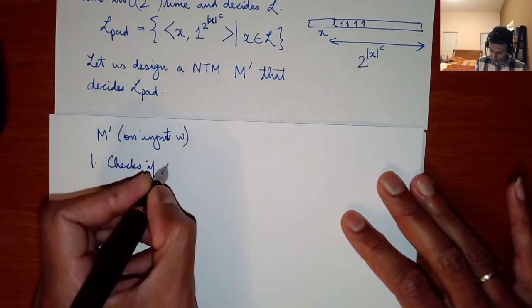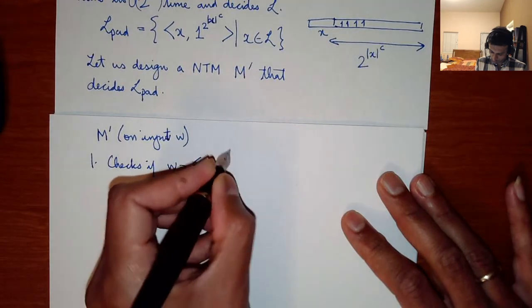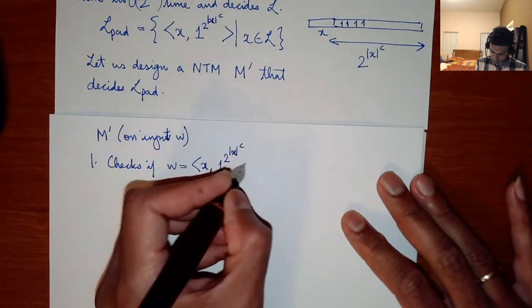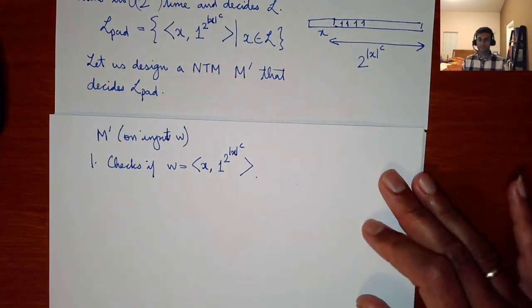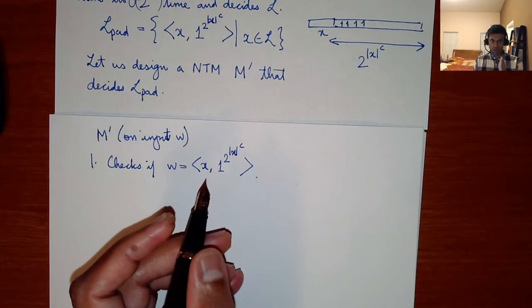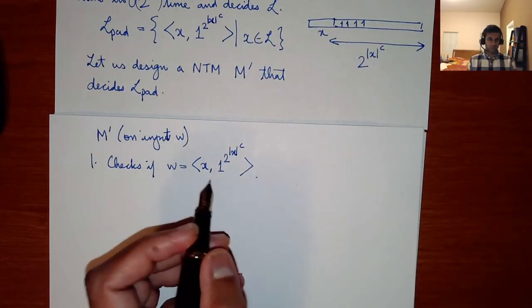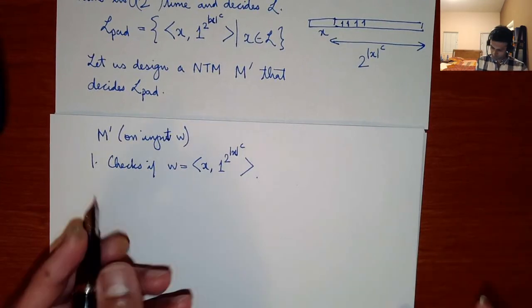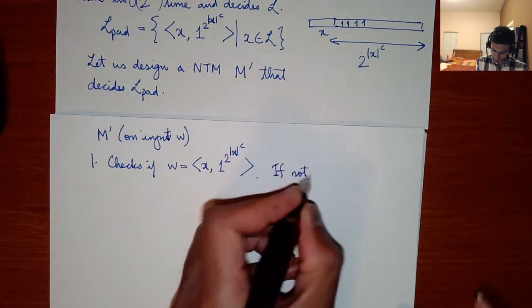It checks if W is an encoding of some string and 1 to the 2 to the X to the C. So it just has to check whether it's some string, and then at some point is everything else 1 exactly of this length. And if not, just reject.